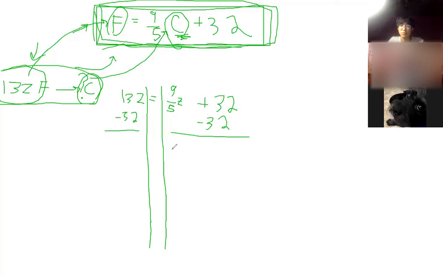I think I've done this before. It's just that I always get confused about where I'm supposed to subtract and stuff. Yeah, but as long as you do to one side the same thing you do to the other, you won't really mess up as long as you keep that rule. Okay, so technically it's going to be 100 equals 9/5z.